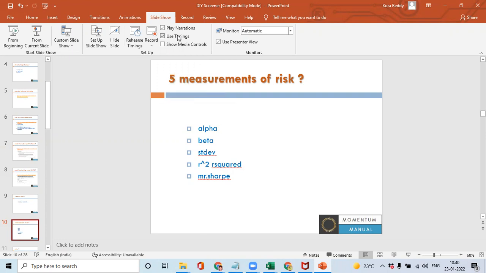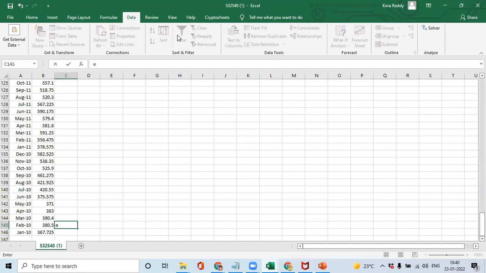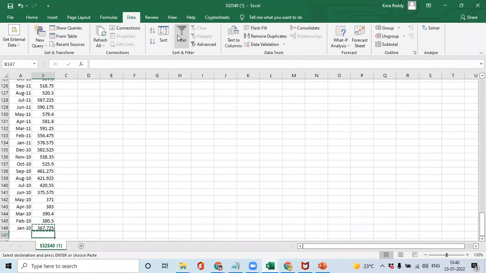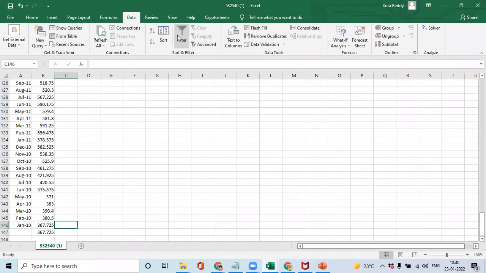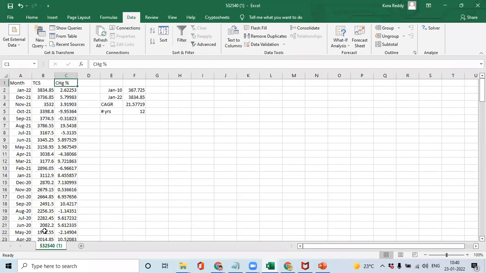Standard deviation. We'll look at standard deviation first. So change percentage. Assume this is the same price in December 2019 as well. So these are your monthly changes.